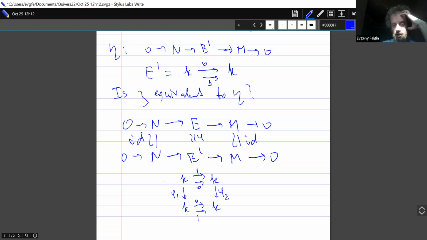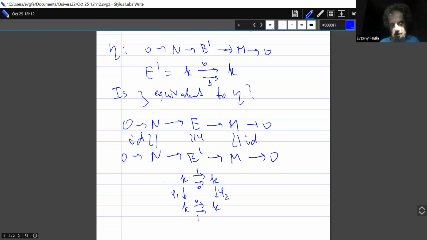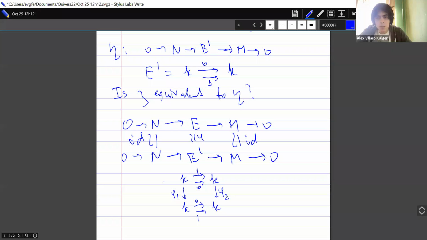So phi 1 and phi 2 have to be both non-zero, otherwise this is not an isomorphism. And indeed, as you are saying, if they are both non-zero, then we can't have such an isomorphism, right?